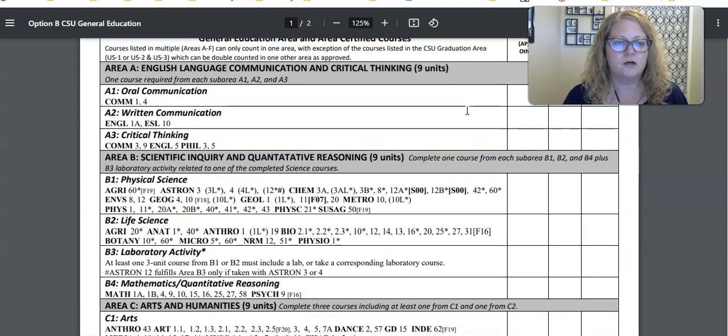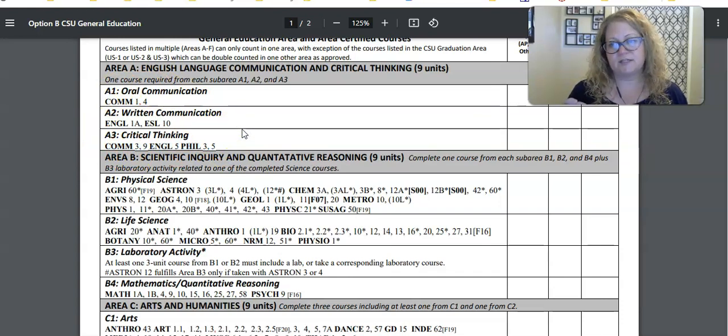So for Area A, this is 9 units, and you have to have Comms 1 or 4 completed. You need English 1A or ESL 10, and you need a critical thinking class. And so that can be within communications, it can be an English class, or a philosophy class. You get to choose. These courses in Area A have to be done.